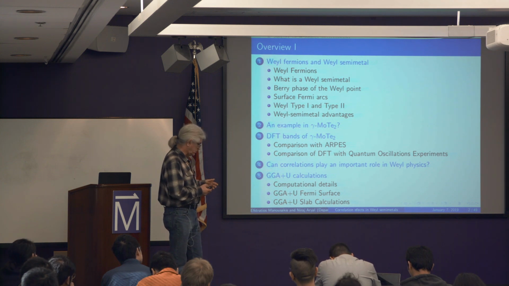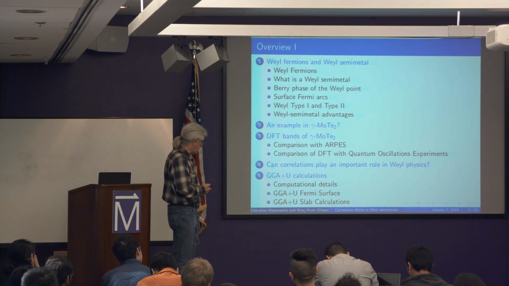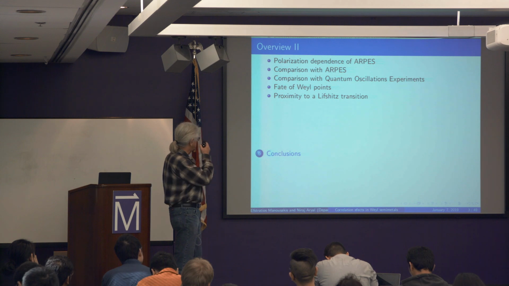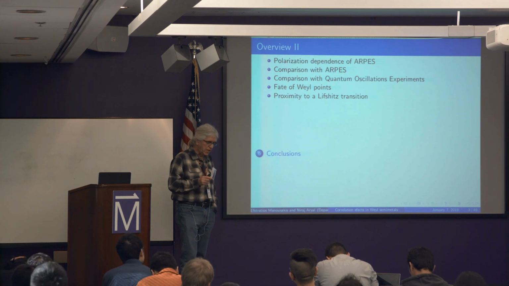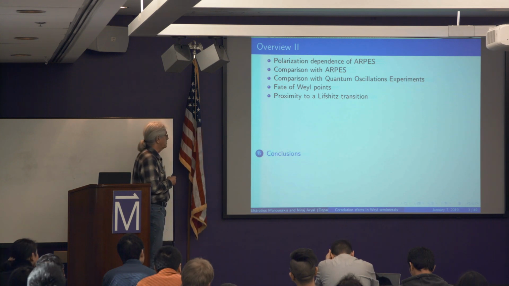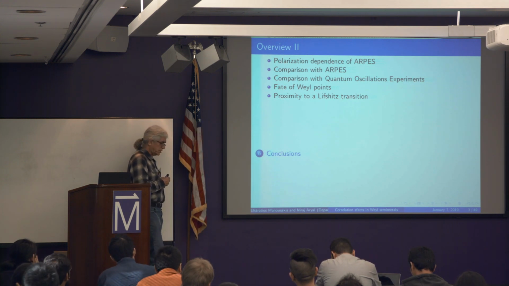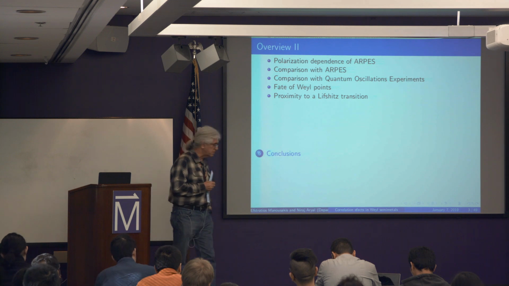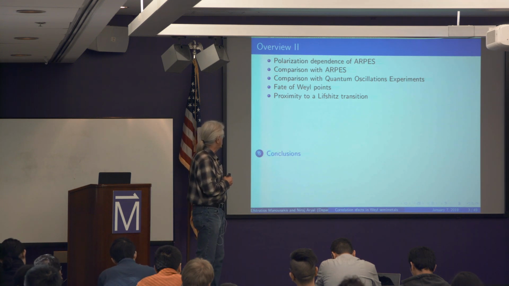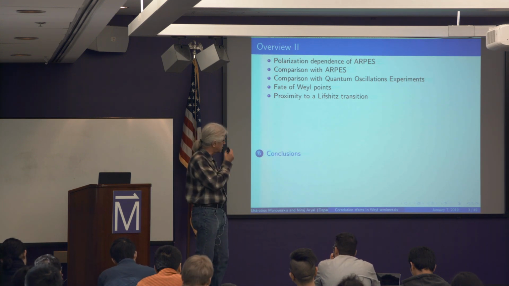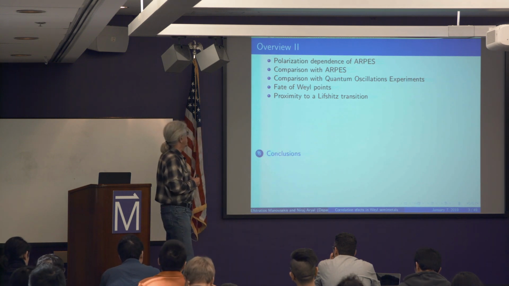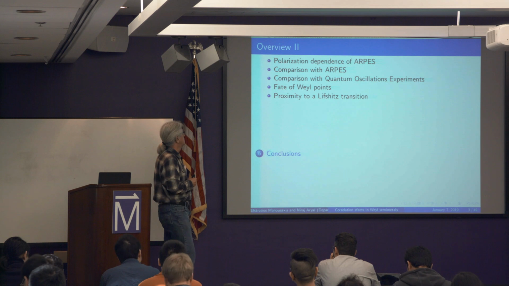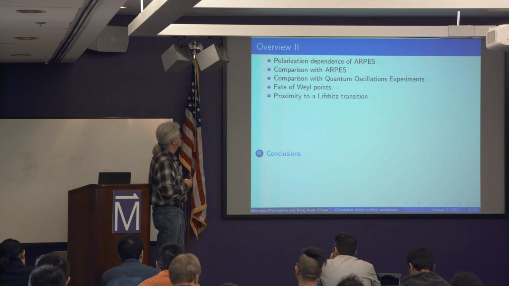I'll do both bulk and slab calculations, and we will look in particular at the light polarization dependence in angle-resolved photoemission, what it means and what the differences are, and we'll compare this calculation with ARPES.